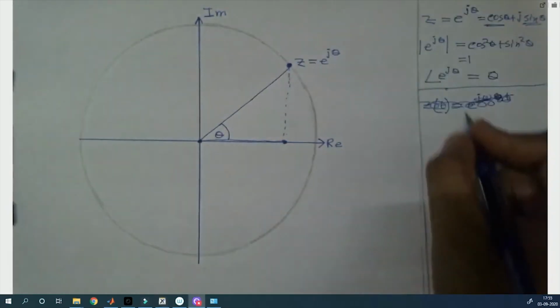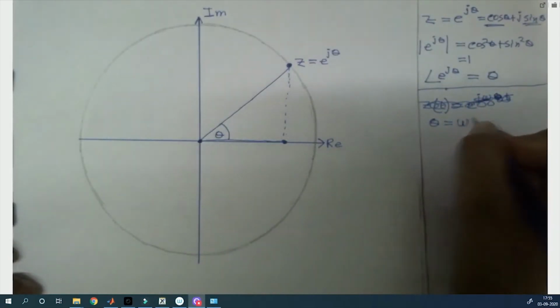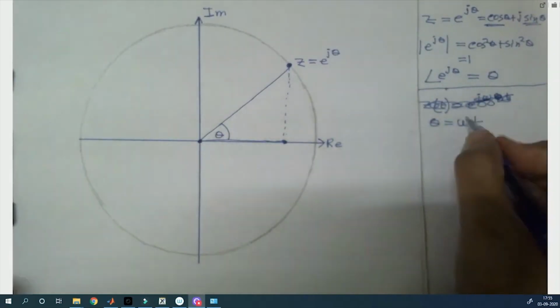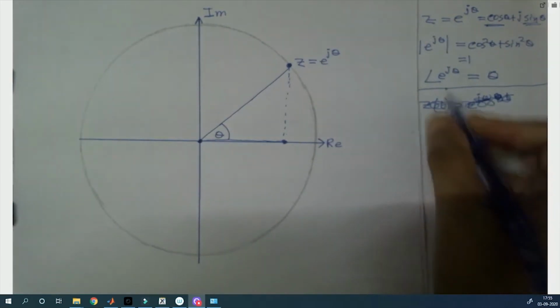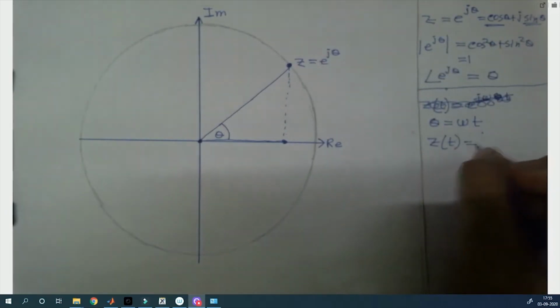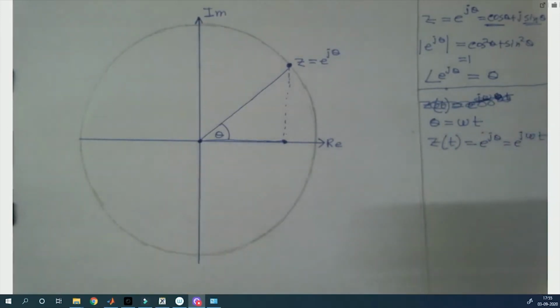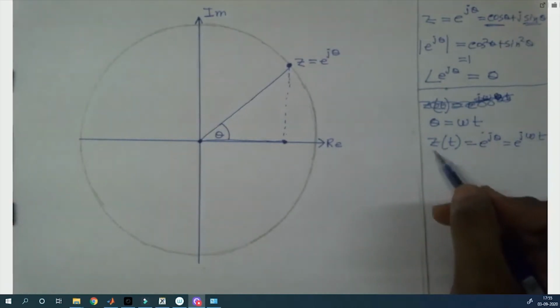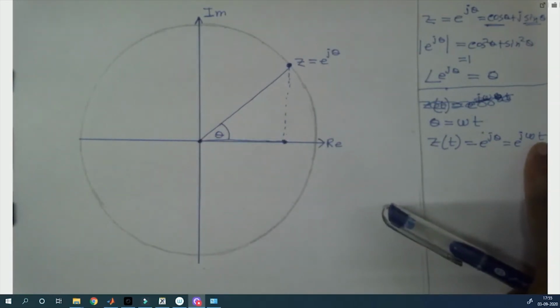Now consider theta as a function of time given by omega t. Omega is a constant. Then this number z will also be a function of time, given as e to the power j theta or e to the power j omega t. So this point will change its location on the complex plane as time changes.